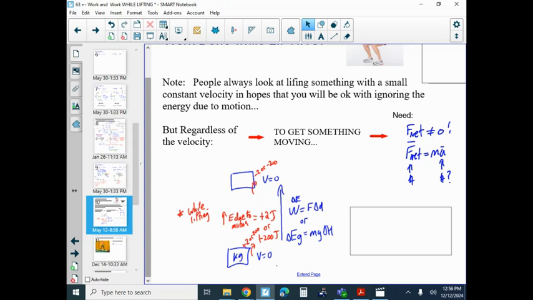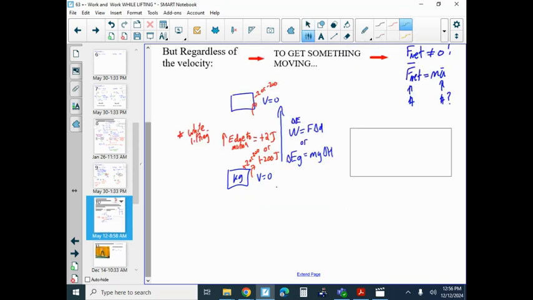And at the end, picture here, I should add that for either of these, you're going to need more than FA equals FG, right? And then here, when we're slowing down to a stop at the top, you're going to need less than FA equals negative FG.